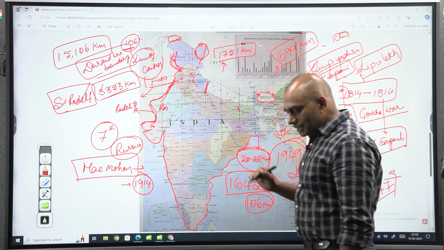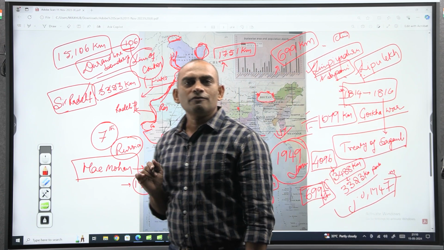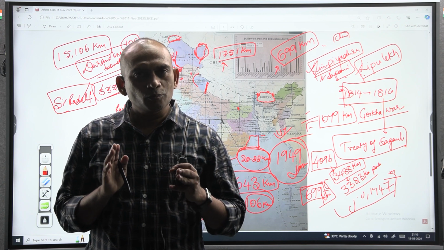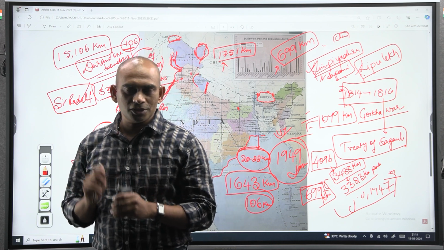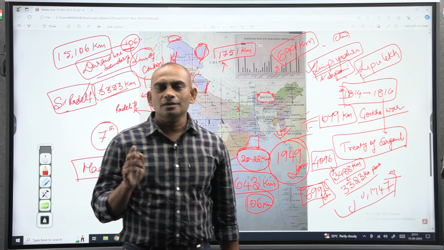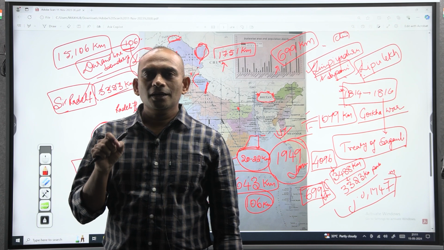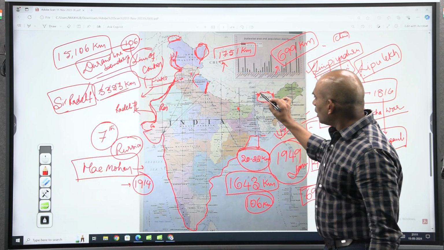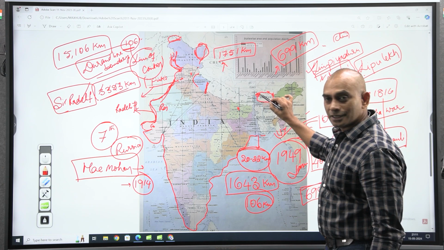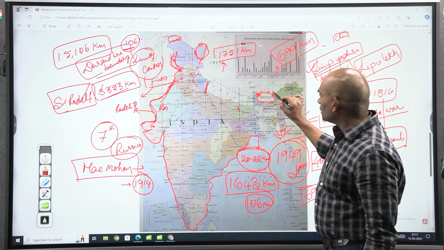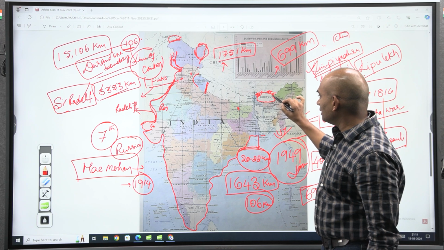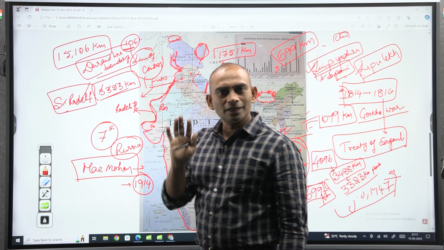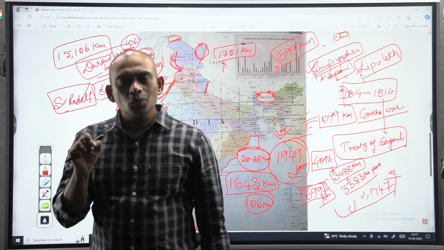In that case, Bhutan generally comes to a negotiation. In that negotiation, China says that if you give this particular point, they are going to relinquish the claims on these other areas. So they are not going to claim them.